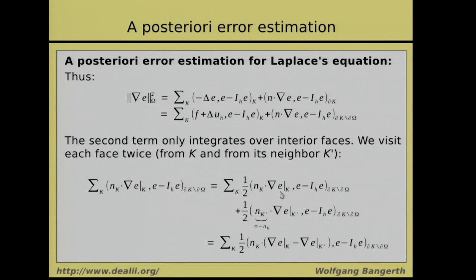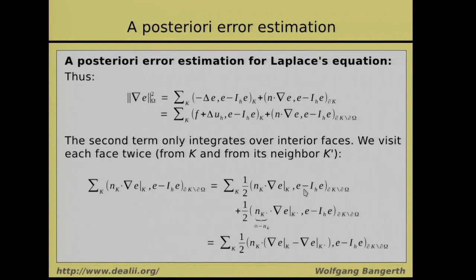Because the gradient of UH is not a continuous function. UH is piecewise linear, it's continuous, so the gradient is, let's say, on triangles, piecewise constant. The gradient on cell K is not the same as the gradient on cell K prime, even though we integrate over the interface between these two cells.